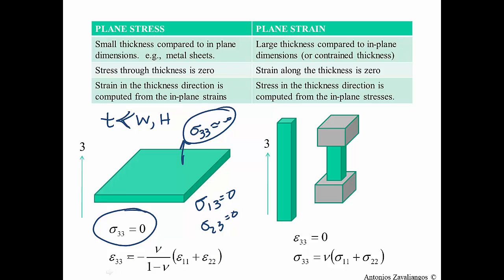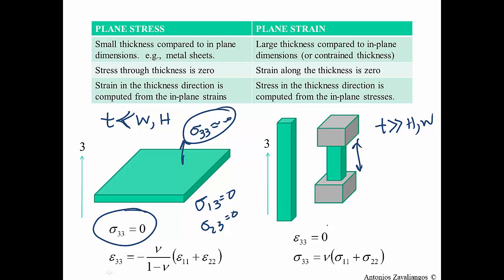On the other hand, we have the situation of plane strain, which is typically the situation where one dimension is, I'll call it t, it's not thickness, but anyway, one dimension that is much larger than the other two dimensions, or there is a specific boundary condition that prevents this length from changing.